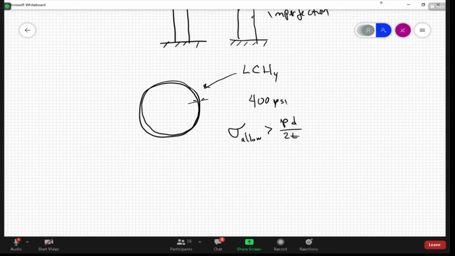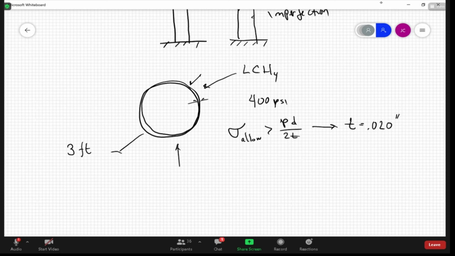They went through this calculation that we talked about in the combined loading chapter for pressure vessels, and they got a wall thickness. This diameter was about 3 feet, because we have to hold a certain amount of propellant, and this thickness came out to be 20 thousandths of an inch.